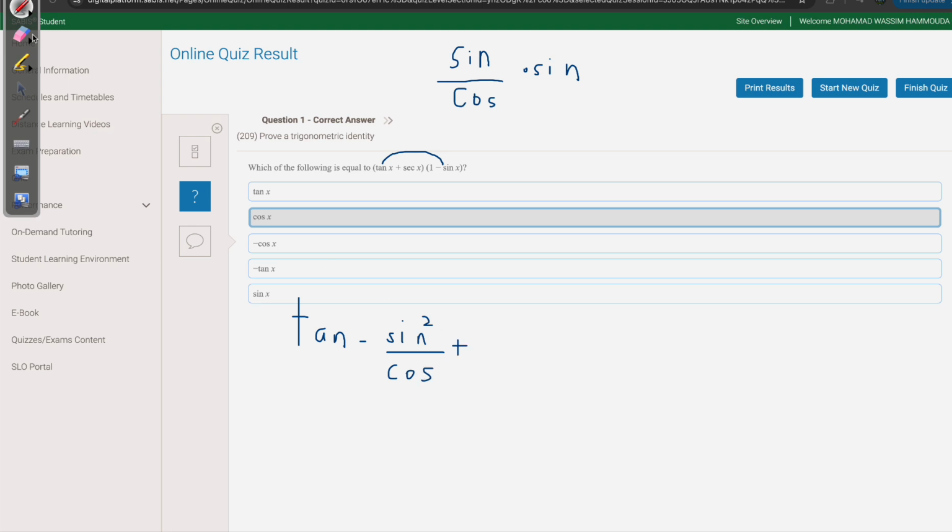Plus, now we're gonna start with secant. So secant x times 1 is equal to 1 over cosine, and then secant minus sine x. So secant is 1 over cosine times negative sine.